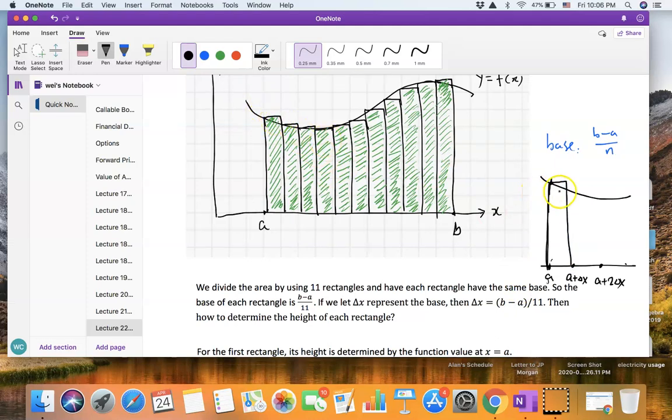That's why we have a little bit of area, a little piece over this curve. Okay, and for the second rectangle, I use the next point. I use the function value at the second point to be the height. So when I draw the second rectangle, it is like this.